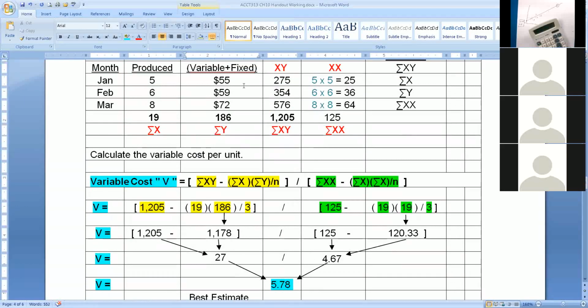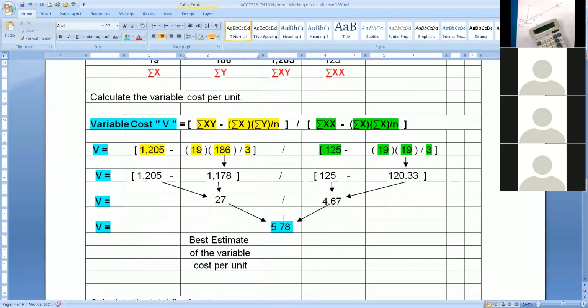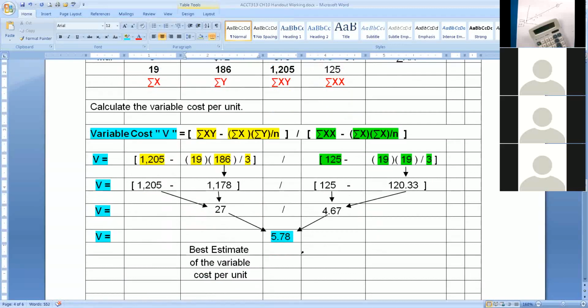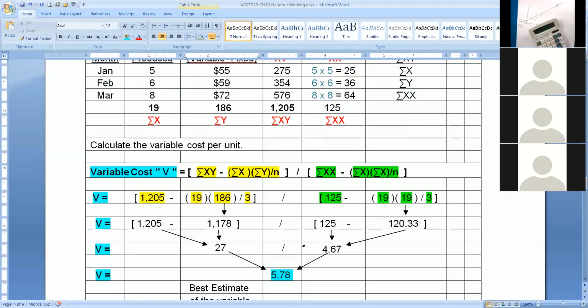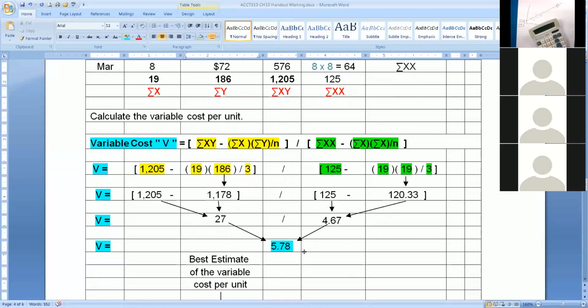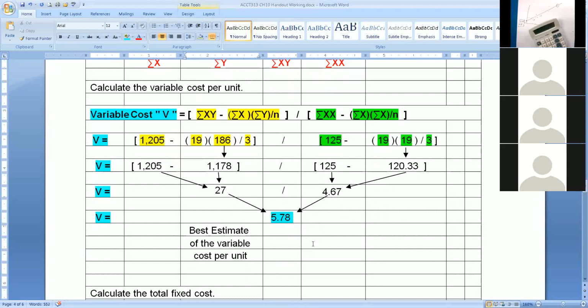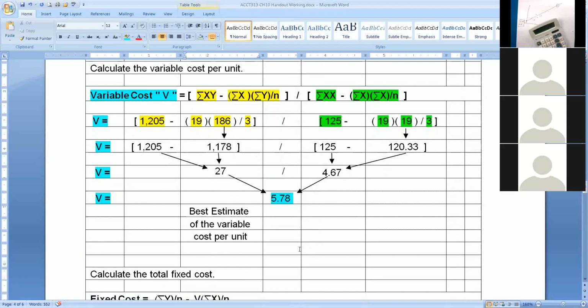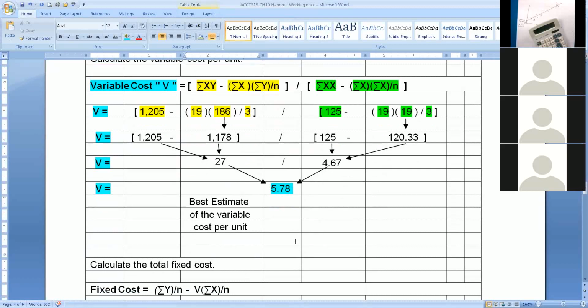And this includes all of the data points, unlike the high-low method, which would just take the highest and the lowest. This includes everything in between. For this one, there's only 3 data points, so it's not that big a deal. But if you had 30 data points, the high-low method would ignore 28 of them. So this is a better method. It's more work, obviously, but it's a better method.